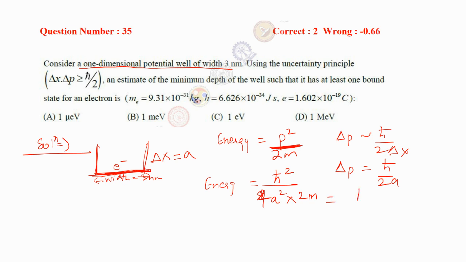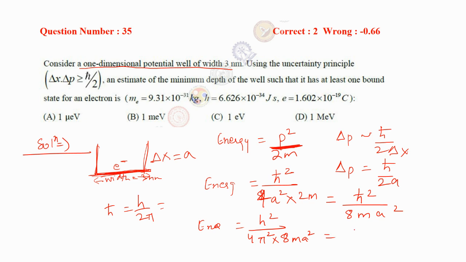So this will become h cross square upon 8 m a square. Now you know h cross has the value h upon 2 pi. Put the value of h cross as h square upon 4 pi square, 8 m a square, which is equal to h square upon 32 pi square m a square, right?